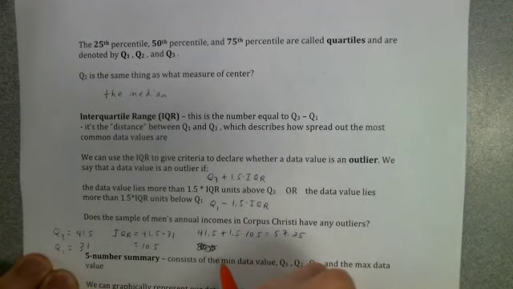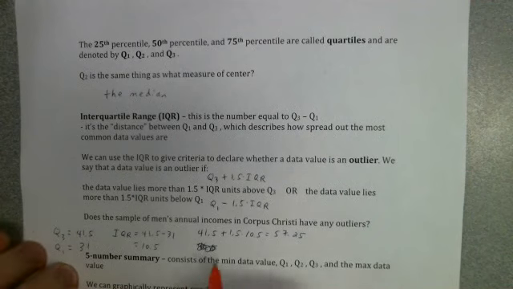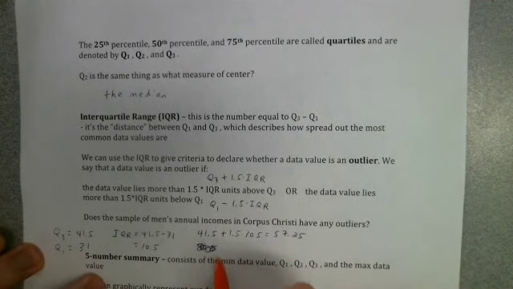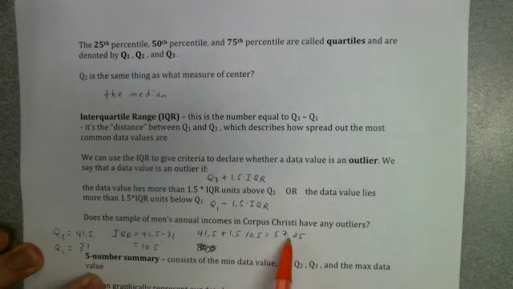Oh shoot, I messed up. Oh, I'm sorry, no, I didn't mess up. Q3 plus 1.5 times the IQR gives you 57.25.